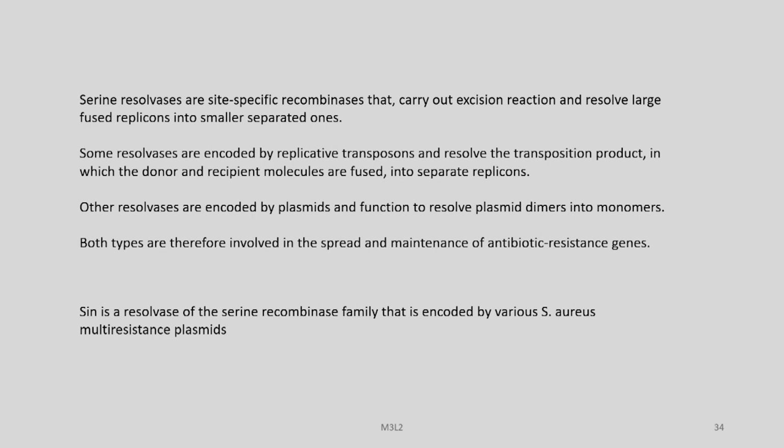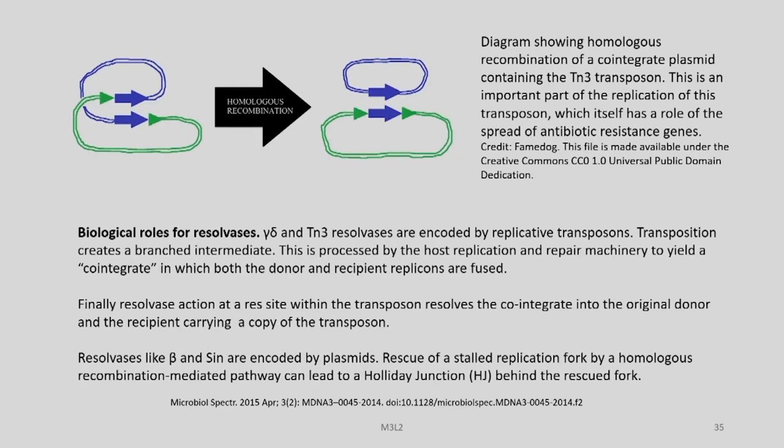Sin is a resolvase of the serine recombinase family that is encoded by various Staphylococcus aureus multi-resistance plasmids. What are the biological roles of resolvases? Gamma delta and Tn3 resolvases are encoded by replicative transposons. Transposition creates a branched intermediate.